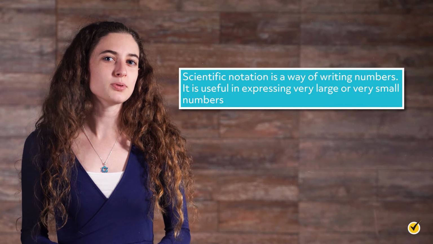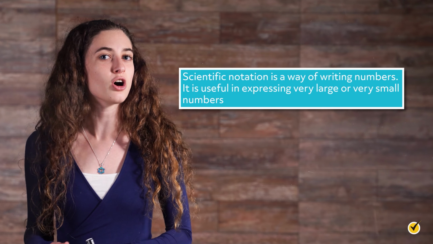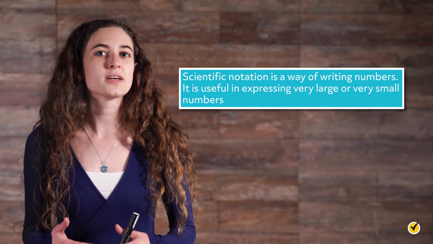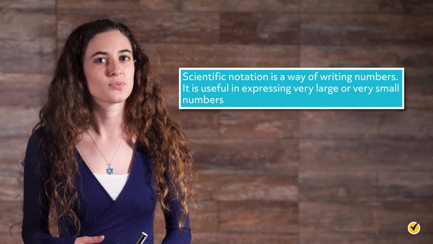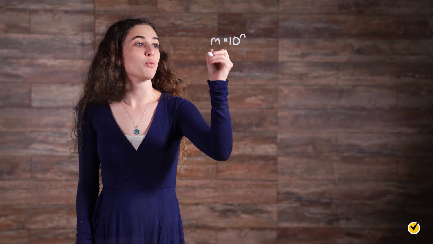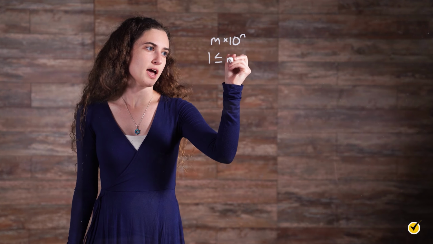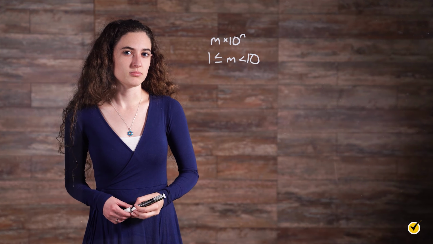Scientific notation is simply a way of writing numbers. It is especially useful in expressing very large or very small numbers because it is shorter and more efficient, and it shows magnitude very easily. Every real number can be written as a product of 2 parts, a decimal part times an integer power of 10: m times 10 to the n, where 1 is less than or equal to m, which is less than 10, and n is an integer.